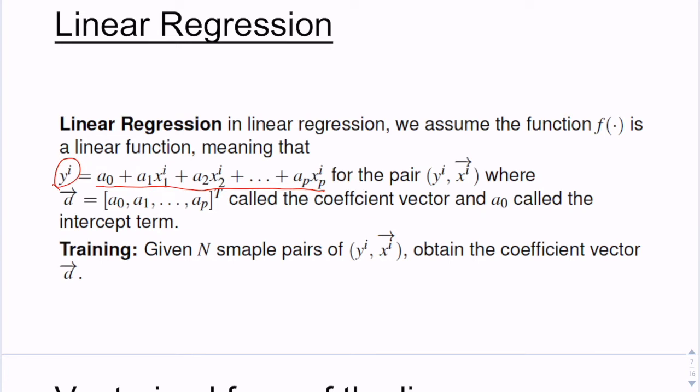So now we have a feature vector, a feature space, and the vector a here is called the coefficient vector. What is the task? The task is to compute these coefficients, the linear regression coefficients. These coefficients also include the intercept value.